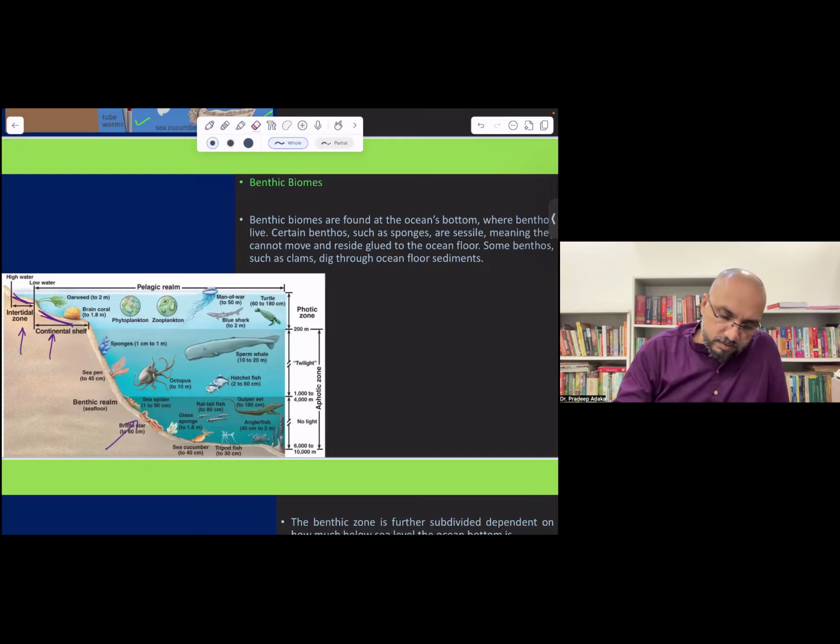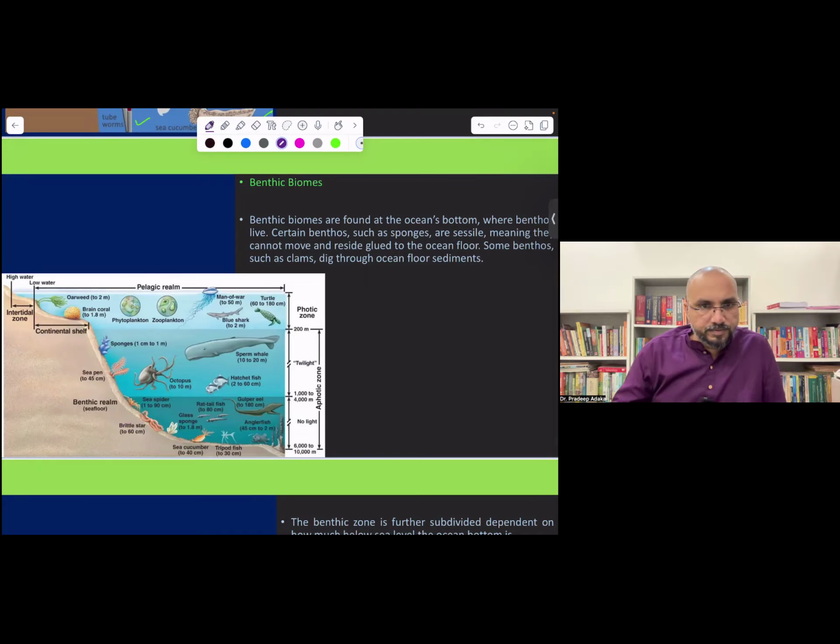So benthic zones are again divided into different types depending upon the bottom. Is it near the coast, or the bottom of continental shelf, or bottom of deep sea? Benthic biomes are again of different types.